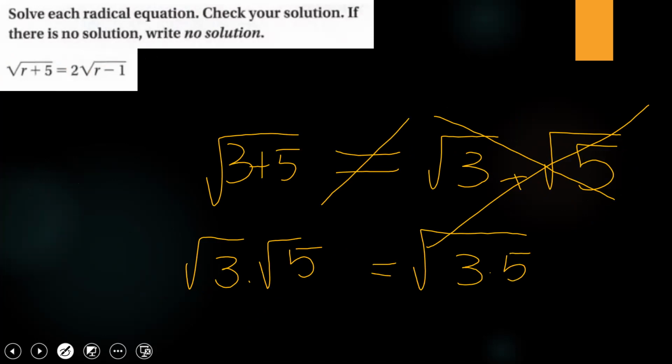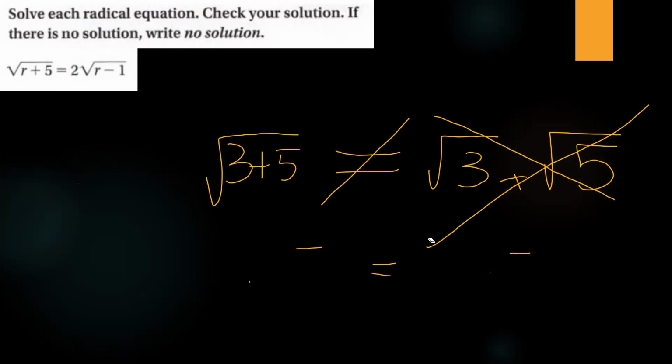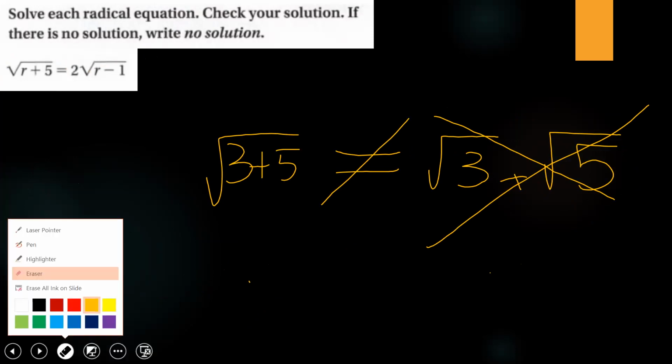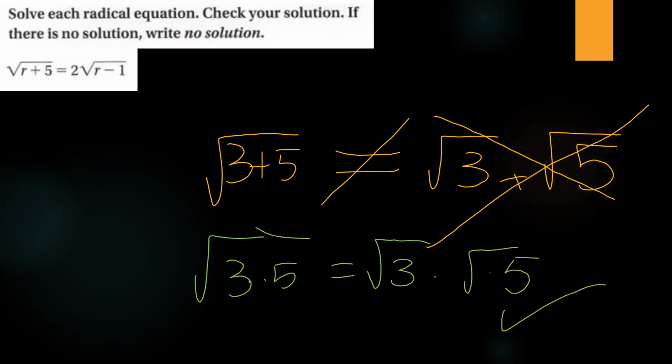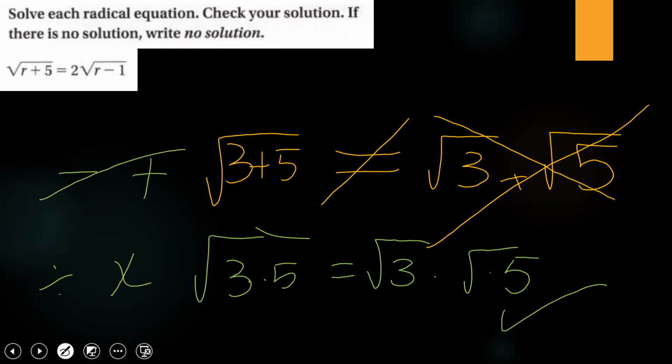Or if I have square root of 3 times 5, I can distribute the square root like this. This is correct. So in multiplication and division, I can distribute the square root, but in addition and subtraction, I cannot. Is it clear?